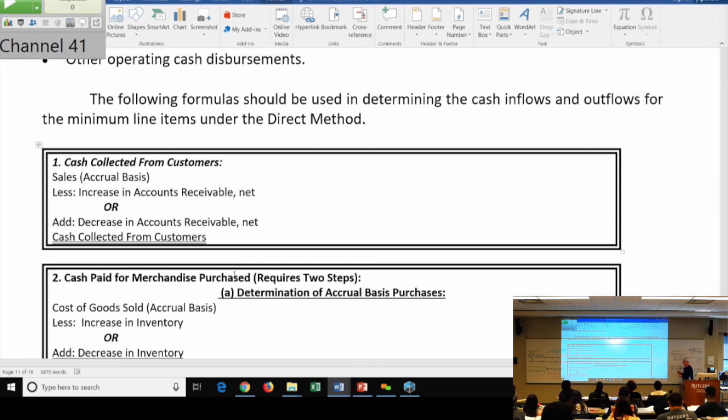In order to do the direct basis, you would have to take the accrual basis sales, which were 1,000, and you would have to subtract out the increase in accounts receivable. And it's extremely logical when you make journal entries. Always make a journal entry. It's the simplest thing to do, and you'll see how this will work. So if accounts receivable goes up by 900, I would report cash collected from customers at 100. That's the way I would report it.